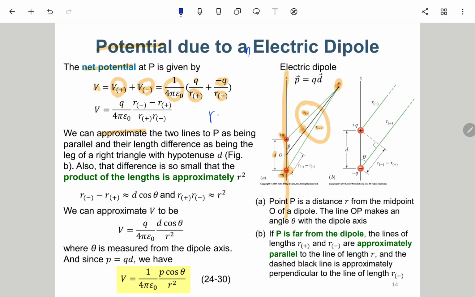This r is much larger than d, much larger than the dimension of the dipole. So here we still have the far field condition. If it is very close, the expression for the electric potential is still very messy. But here we assume that P is very, very far away.